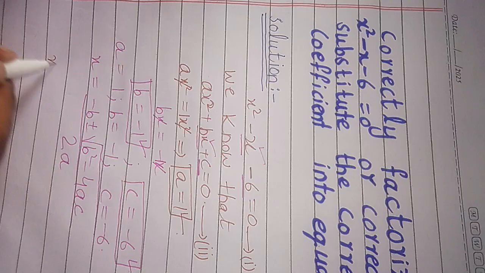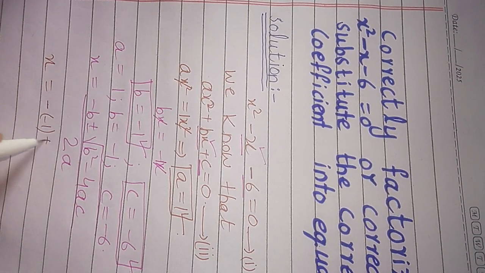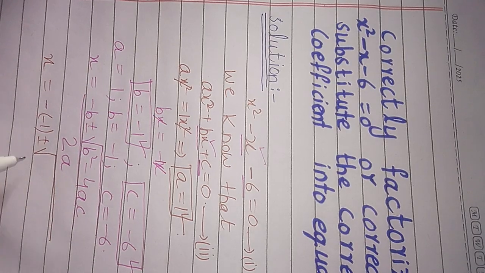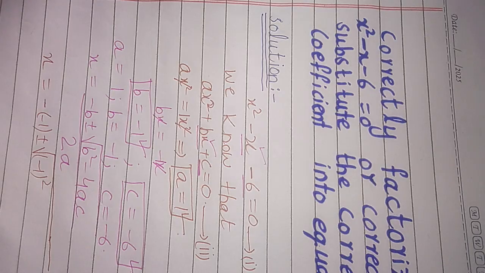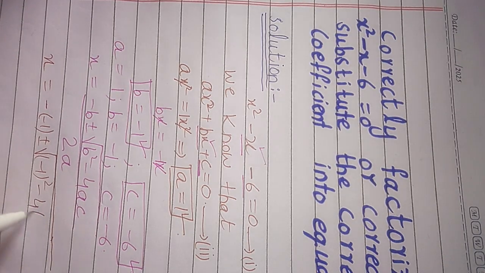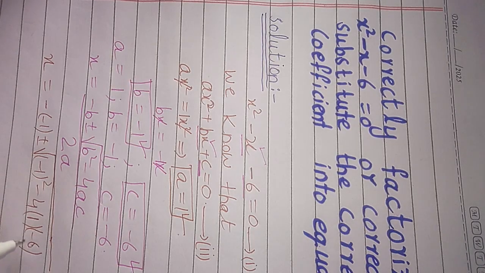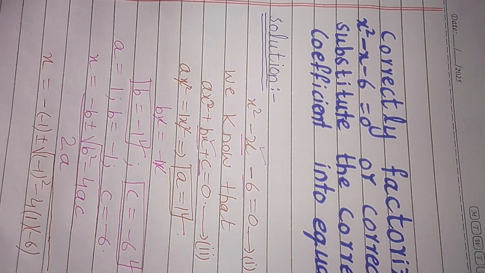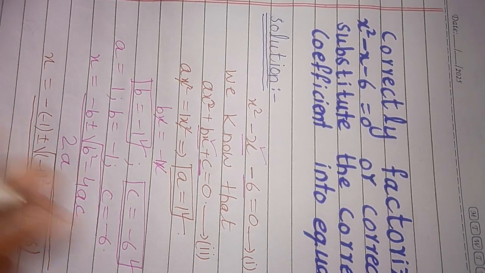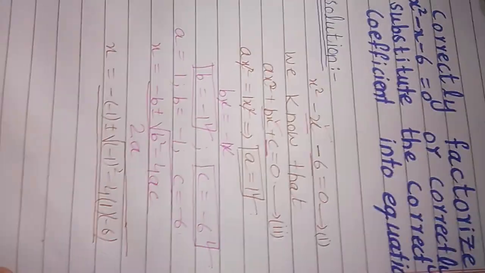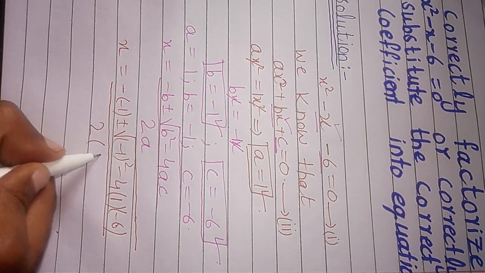So b is minus into minus 1, plus minus the square root of minus 1 square, because the value of b is minus 1, minus 4 into 1 into minus 6, because a is 1 and c is minus 6, divided by 2 into a, where a is 1.